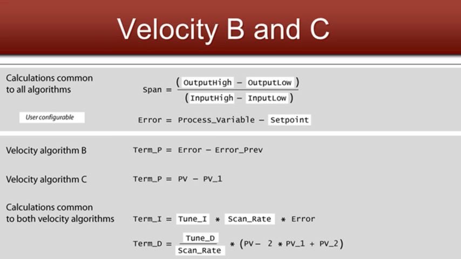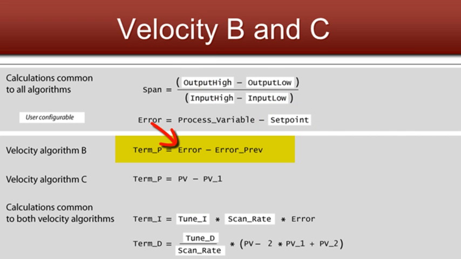Let's just take a moment here to really look at this velocity algorithm and understand why it makes a difference. If you have a look at it, with the type B algorithm, we're going to see any set point changes. As soon as we make a set point change here, let's say we want to change the value of the tank, and we change this value here, we're going to subtract it from our process variable, and it's going to end up in our error.